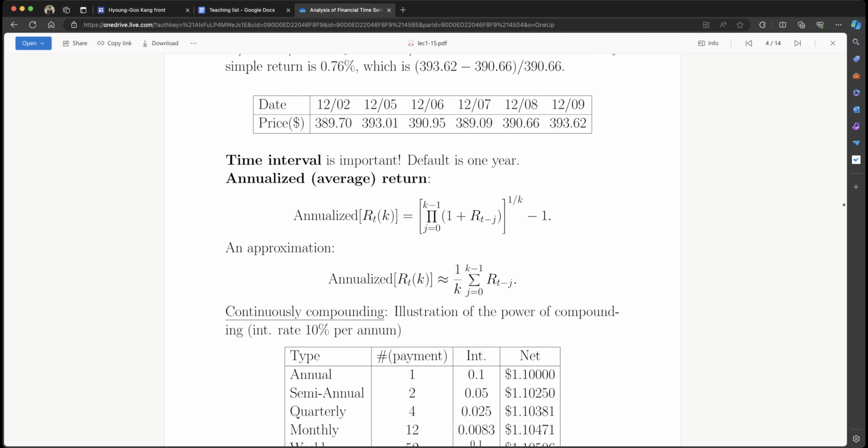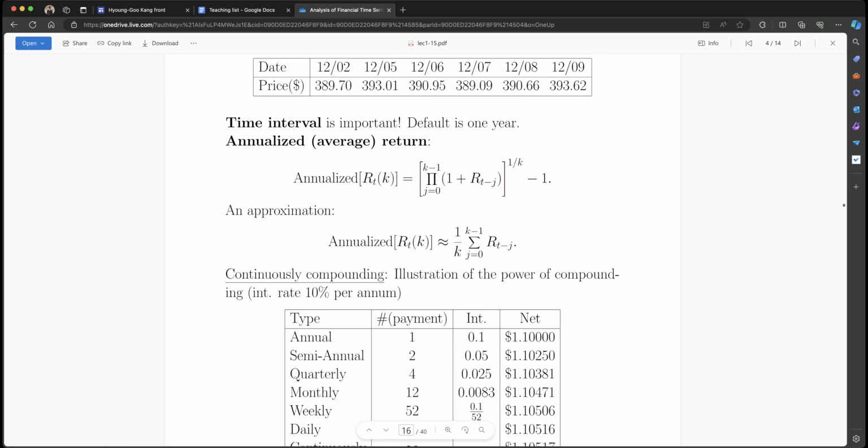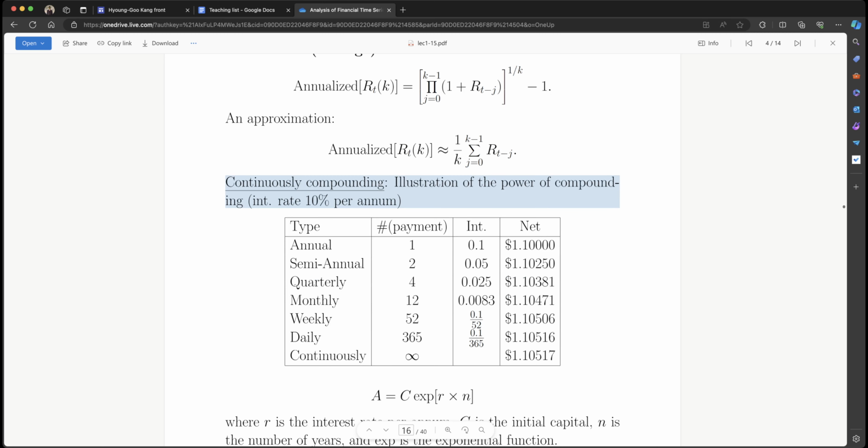If we do the continuous compounding, an illustration of the power of compounding: rate 10% per annum, so annual payment 1, 10%, so after 1 year, 10% return, it becomes like this one.